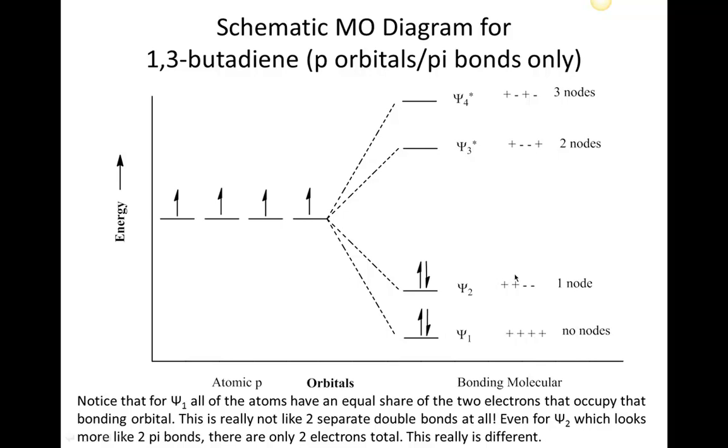And if 2 are red on top and 2 are blue on top, you get a node. Now that looks kind of like a normal double bond, except you're talking about 4 atoms here instead of 2 separate isolated double bonds. That's not what you have at all.